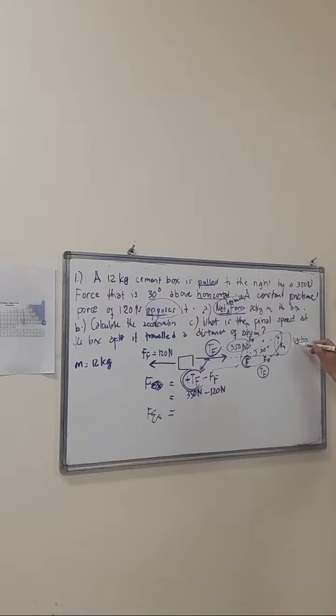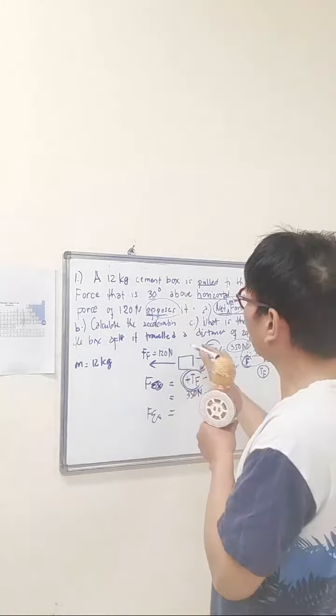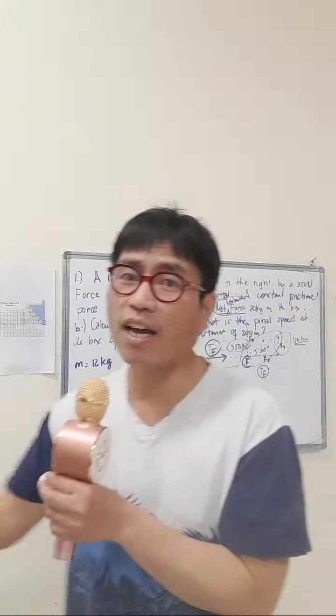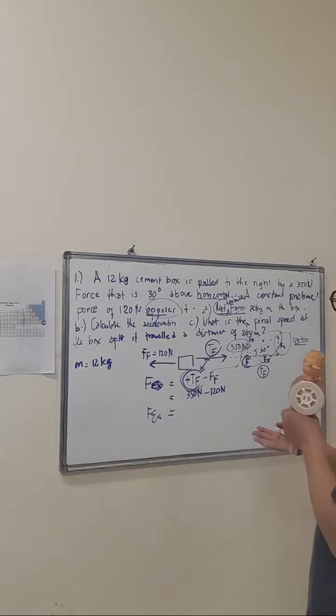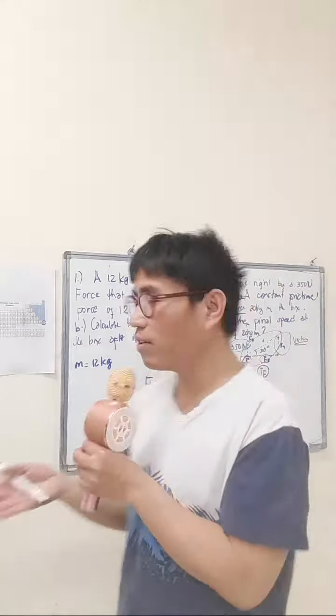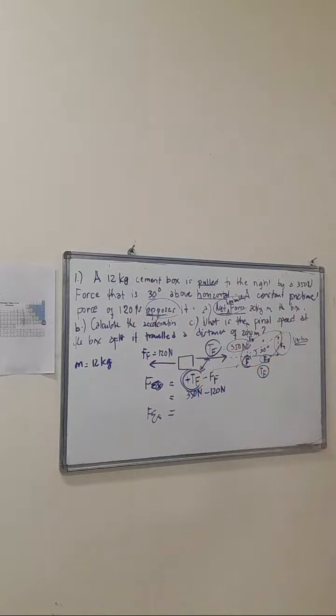Vertical is not the concern here. This is not gravitational force. You are not considering the vertical because it's moving horizontal. So vertical force Fy is not considered here. Forget that one. And now we consider the Fx because this is the horizontal position of the force with a corresponding velocity.